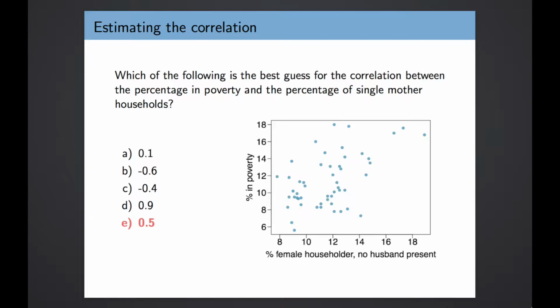So a really strong positive correlation would have the data points really closely clustered around a positive sloping line, and a really weak correlation of 0.1 would be kind of difficult to ascertain just looking at a scatter plot. Those points would be pretty diffuse, would be hard to tell if there was a clear relationship between those variables. So our best option here is E, a correlation of 0.5. There's a distinguishable positive relationship between these variables, but it's not super strong.